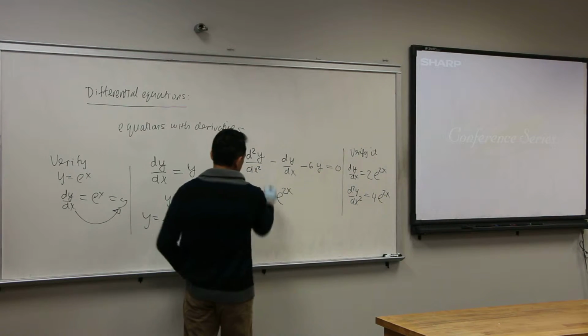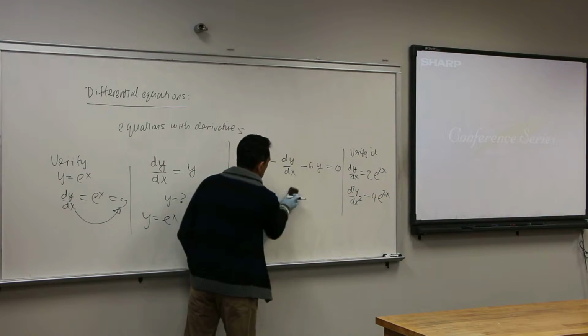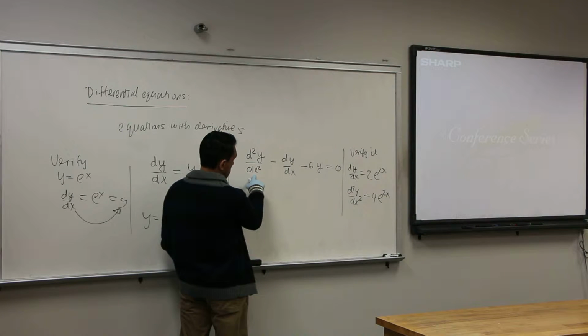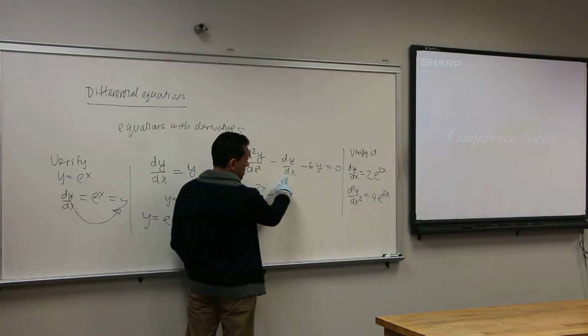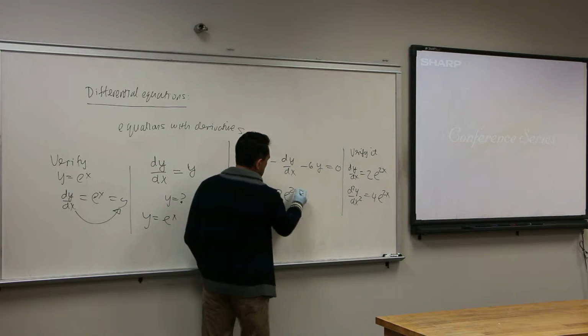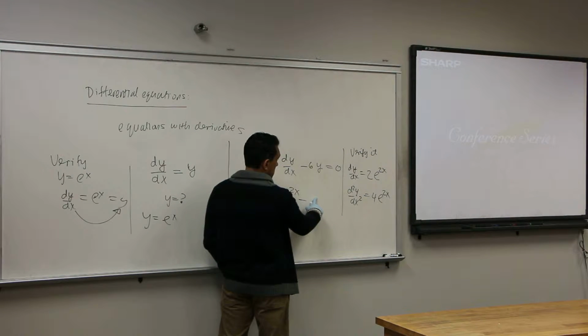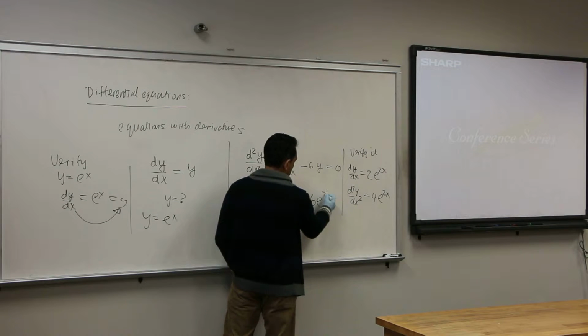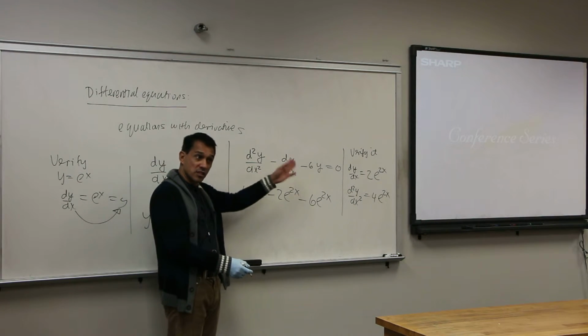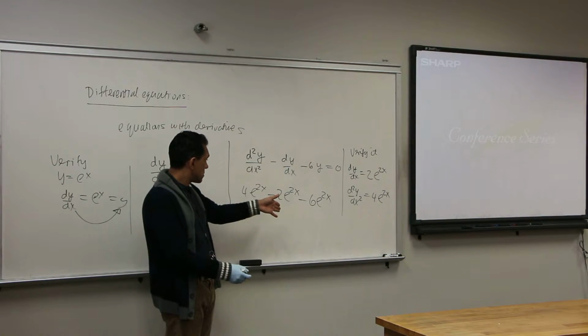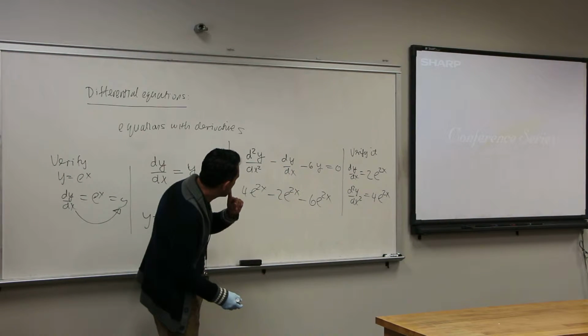Okay, so now we come in here. What do I put here? 4 e to the 2x minus 2 e to the 2x minus 6 e to the 2x, and then I say 4 bananas minus 2 bananas minus 6 bananas is 0 bananas. That's not right, is it?